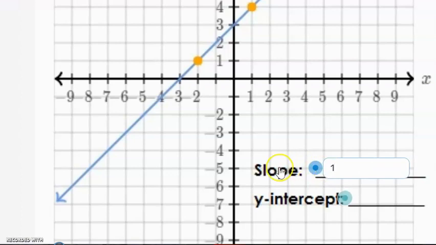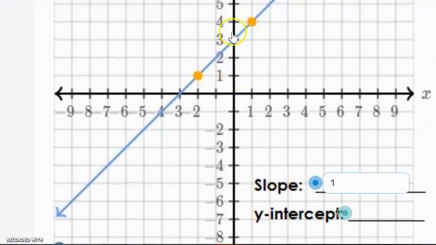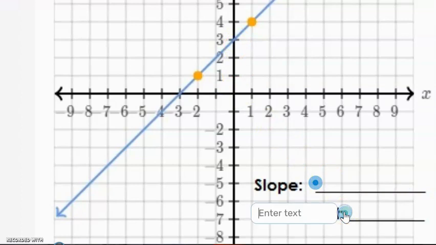So I would put 1 in there. My y-intercept is this point right here where the line crosses through the y-axis. So that would be starting at the origin, 0, and I'm going to go up 3. So my y-intercept would be written like this: parentheses, 0, comma, 3, parentheses.